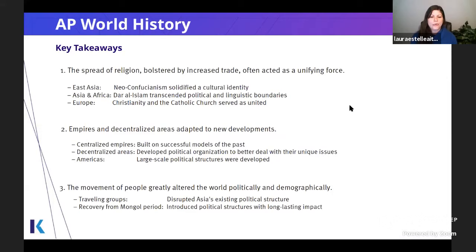You want to know how it is affecting a people at a time, and also what messaging a government's using with religion in mind to help get the buy-in from people. So that's what you need to know about the spread of religion.